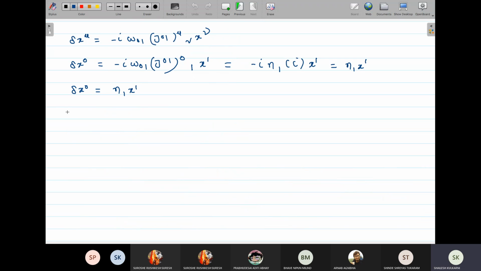So your job is to calculate, as an exercise, all j mu nu in matrix form. I have obtained j01. So you obtain j02, j03, then j12, j13, j23. That's it. So you should have 6 matrices. One matrix I have given, so your job is to obtain the rest of the 5 matrices.